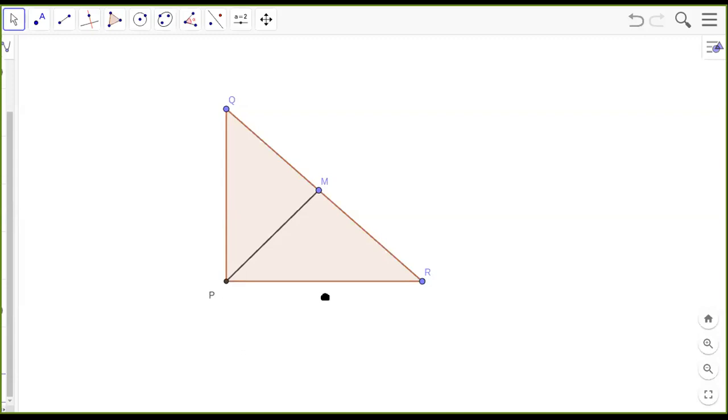Otherwise, my similarity criteria will not hold. Because these two smaller triangles are similar to the larger original triangle, and in this order only they are similar. So I should be very careful. I should take it as P, Q, M is similar to R, P, M. You can see why the similarity is very important, because these two smaller triangles are similar to the original triangle with this order.